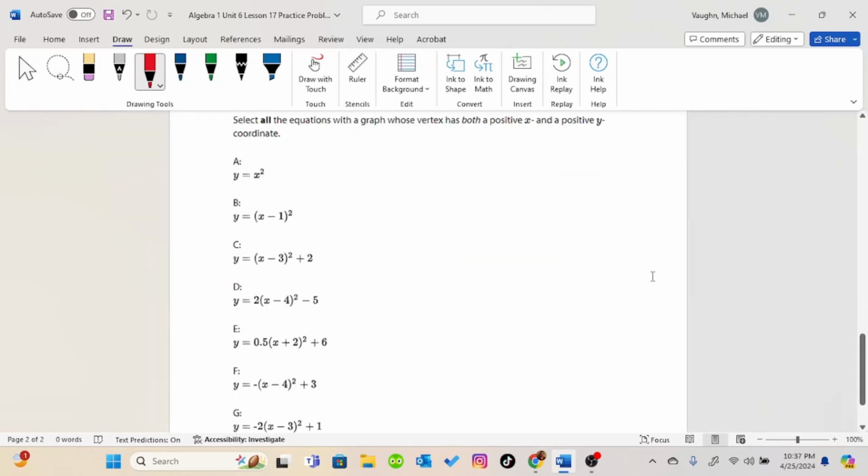Select all the equations with a graph whose vertex has both a positive x and a positive y coordinate.